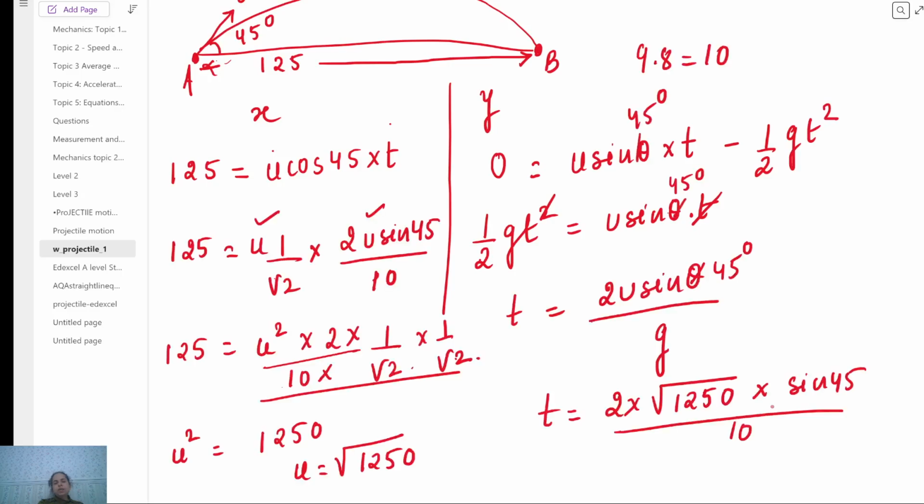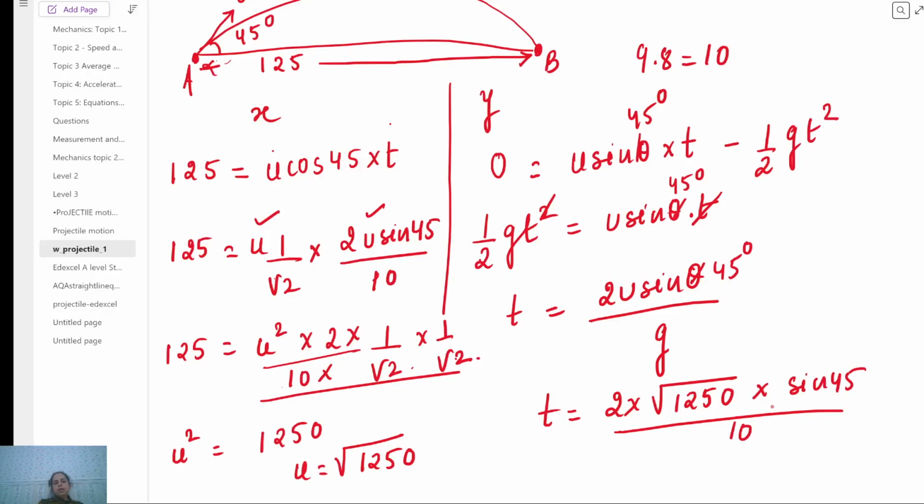Okay, so I'm just going to go through it again. I've used a displacement equation in the x direction, but I didn't have u and t. So I went ahead and used a displacement equation in the y direction. Because my displacement in the y direction was 0, I put y as 0 here: u sine theta times t minus half gt squared.